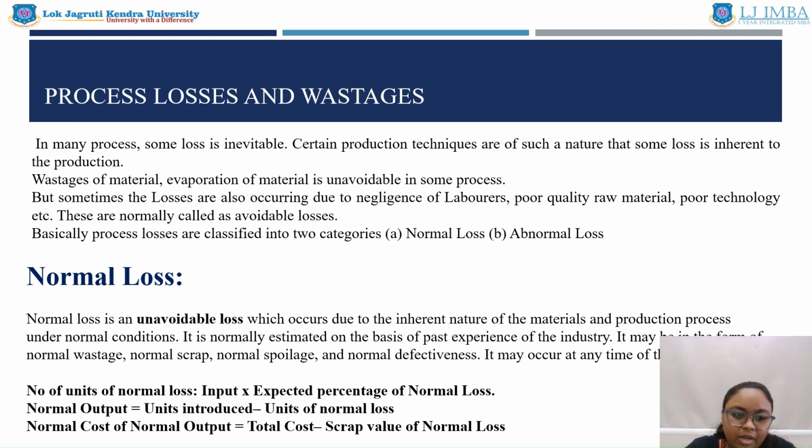So the basic bifurcation in loss is that first of all, the unavoidable losses, that are our normal loss, because however much you try to avoid this loss, it will occur anyhow. So these losses are known as normal loss.